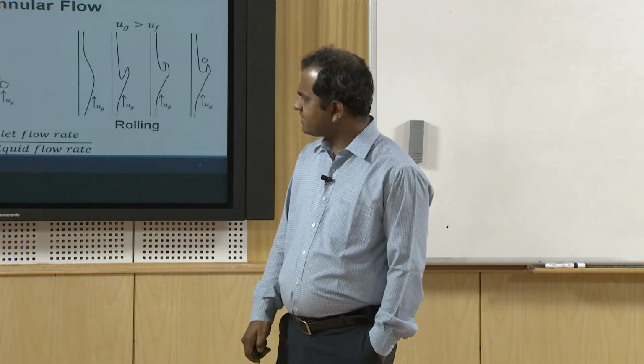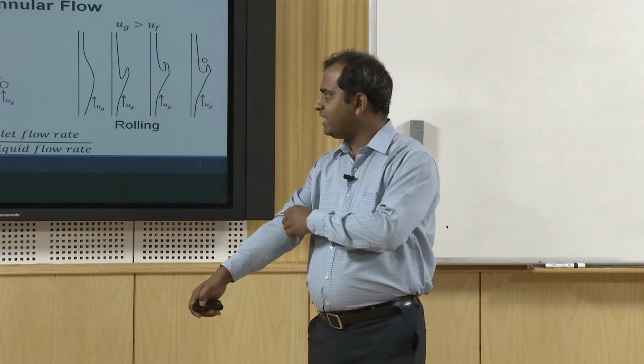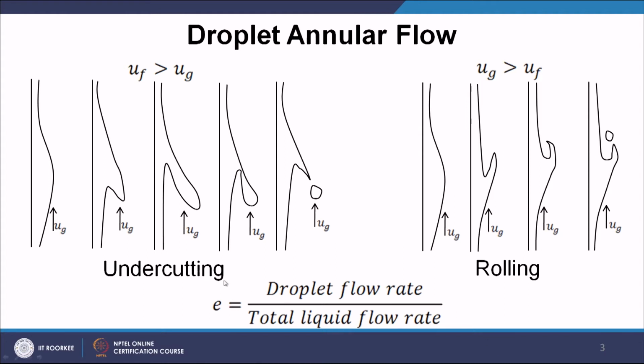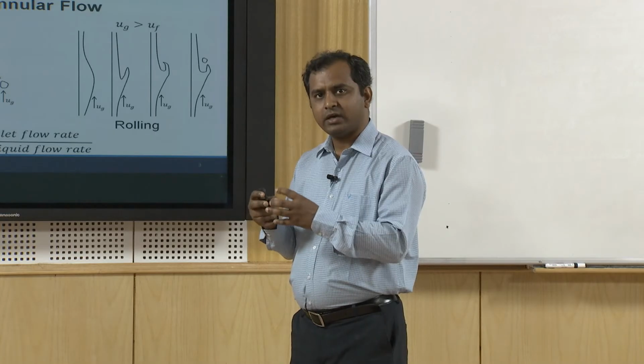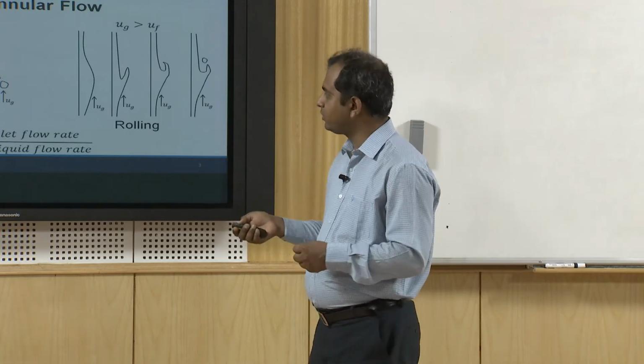Now, to characterize what amount of droplet you are having in the core, we define a parameter called E. This E is the ratio of droplet flow rate in the core, whatever volume or mass of droplets you have in the core, because density is not going to change.